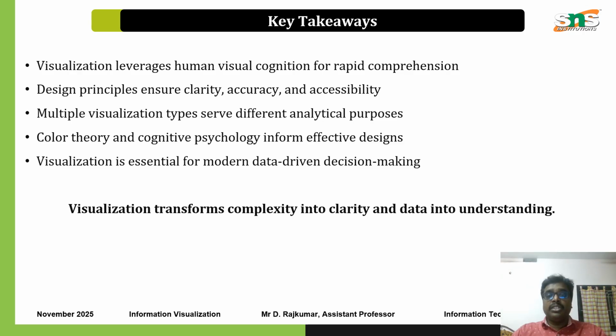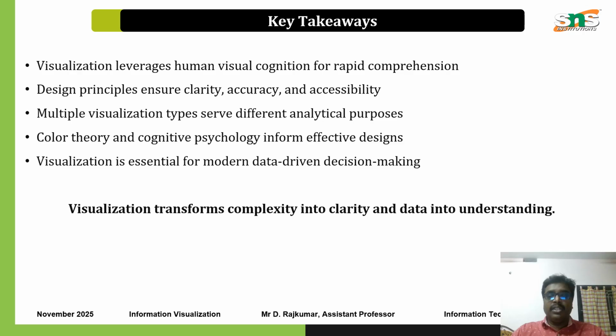That is what decision making authorities, stakeholders, and managers need. They want information to be given in a short and crisp manner, but everything has to be covered. So, a very short definition: visualization transforms complexity into clarity and data into understanding.